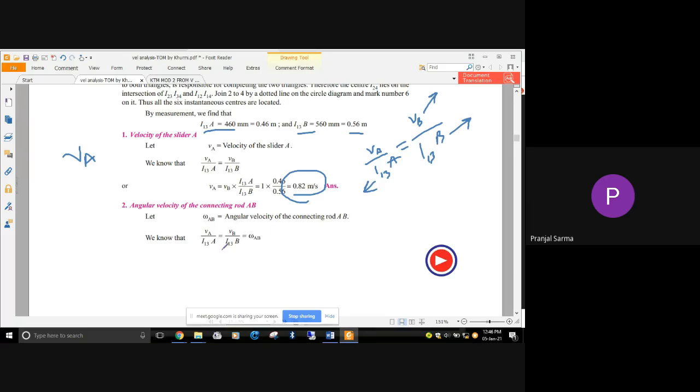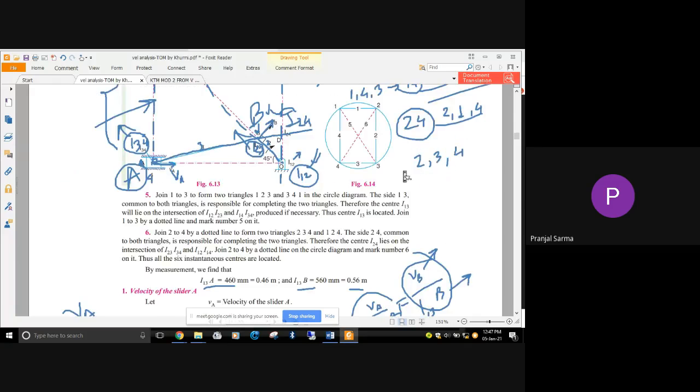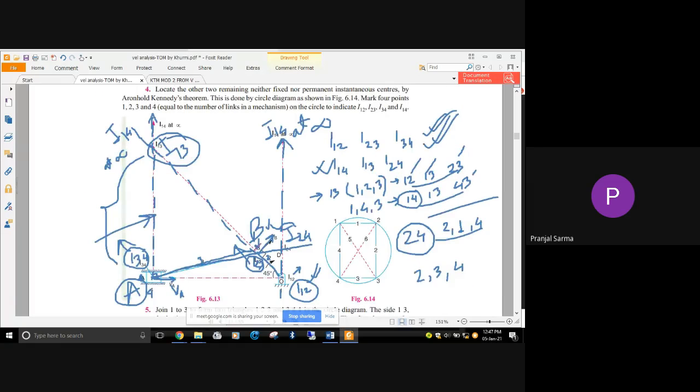Similarly, we know that V equal to R omega. Now basically consider the points A and B on this link AB. A point is here, B point is here on this link AB.